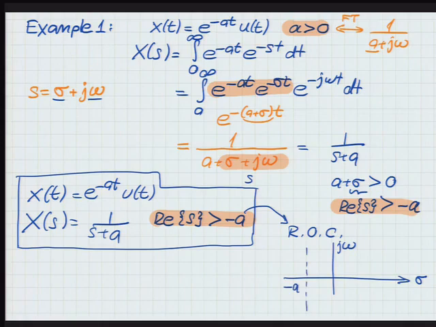In that case, the region of convergence is to the right of this dashed line. And the shaded region, despite my poor drawing, should not include the dashed line. I'm trying to do a little touch-up so that doesn't happen. Okay. All right? So that's the region of convergence.